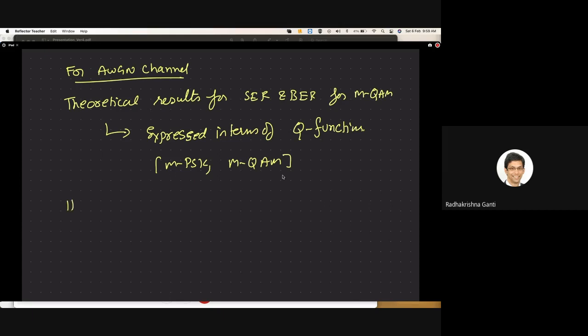For simple things like MPSK and MQAM, you can have theoretical expressions. But when things become complicated, you cannot have this kind of theoretical expression; rather, you will be relying on simulations. So how do we simulate and find the bit error rate of a particular modulation?